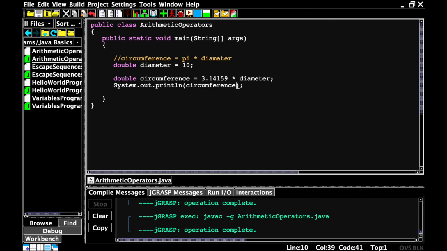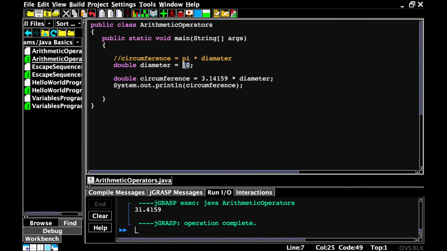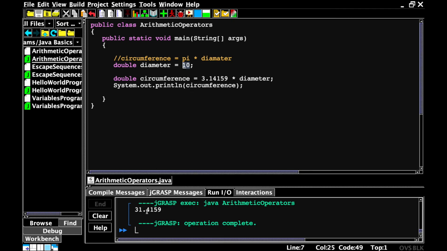Compile. And as you can see, it gives us our circumference. So if a circle has a diameter of 10 inches, then the circumference will be 31.4159.